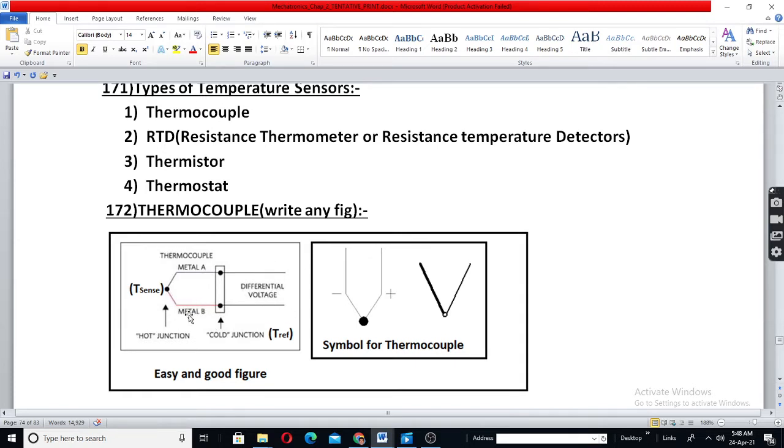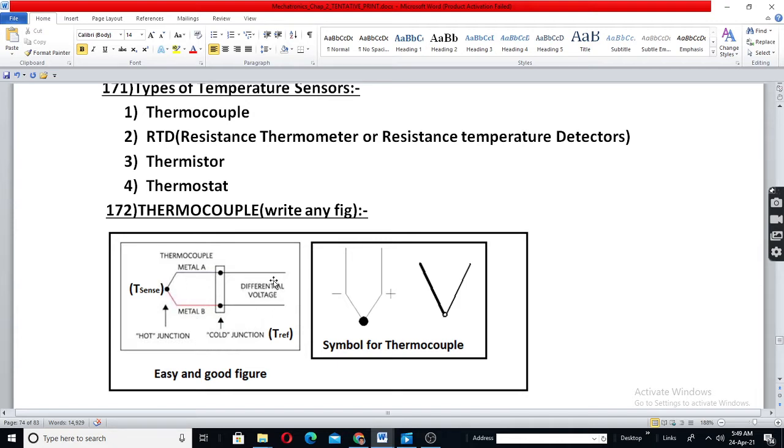Now see here, this will be kept at the same temperature, let us call this a cold junction, and this will be kept in the furnace or in the region where temperature is to be measured.